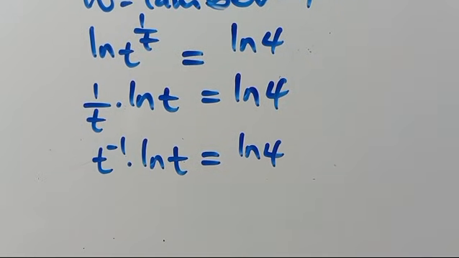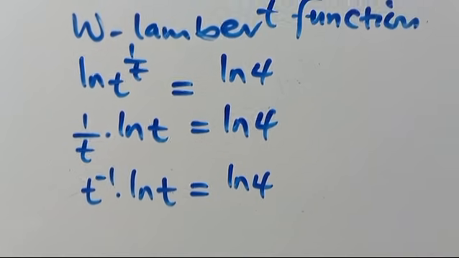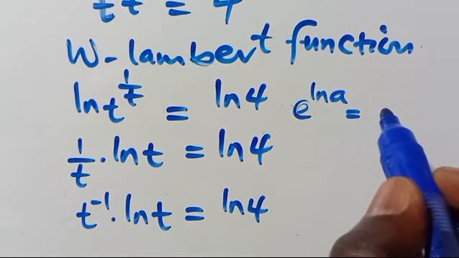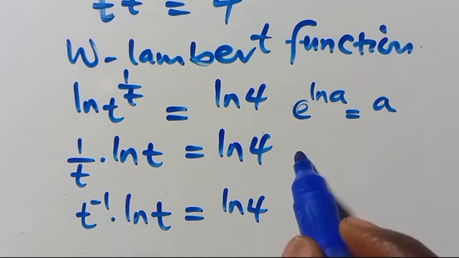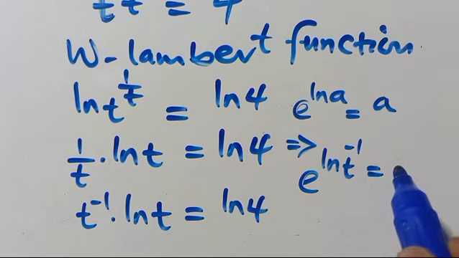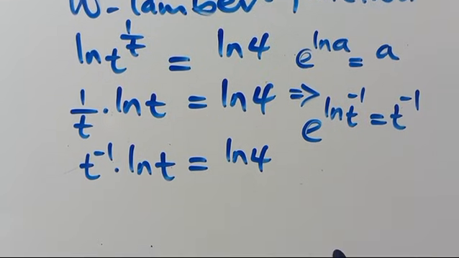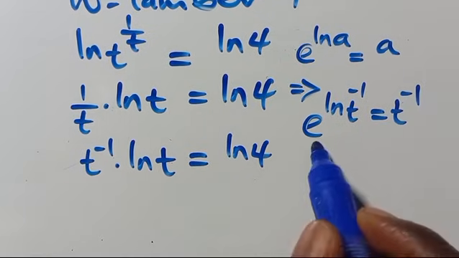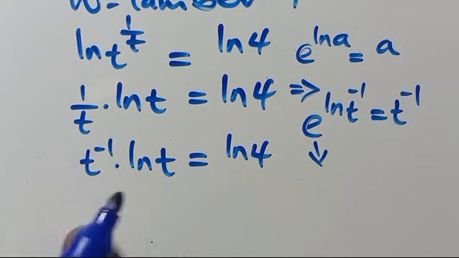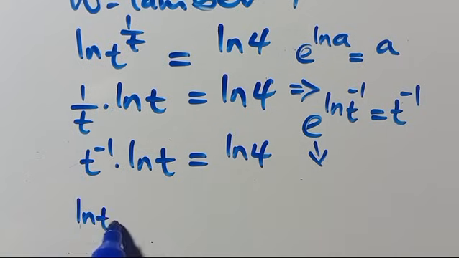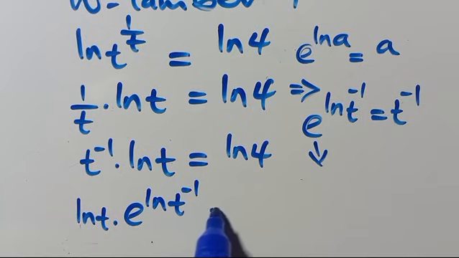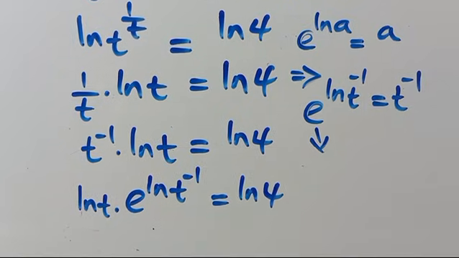Then from here, let us recall that e to the power of ln of a equals a, and this implies that e to the power of ln of t to the power of minus 1 equals t to the power of minus 1. So we can now have ln of t times e to the power of ln of t to the power of minus 1 equals ln of 4.